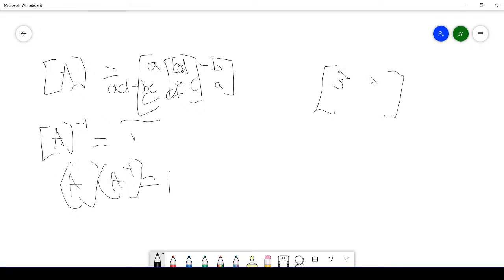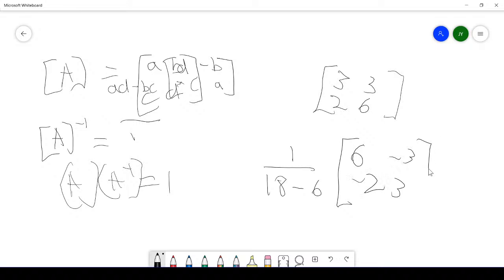Say for 3, 3, 2, 6. We multiply this. So first, on the outside, there's a fraction multiplied by AD. So 18 minus 6. And this becomes 6, 3, -3, -2.